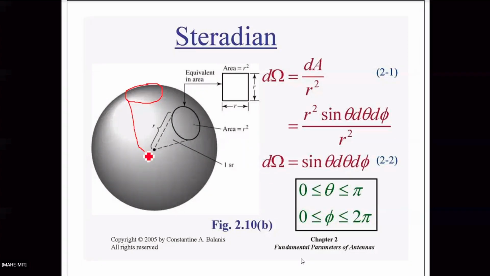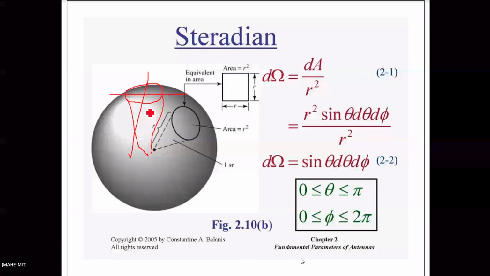You just see, it is joined here. Now you have two planes. This is the vertical plane, phi is equal to constant, and you can take two mutually perpendicular planes. One is like this, one is like this. These are two mutually perpendicular planes.